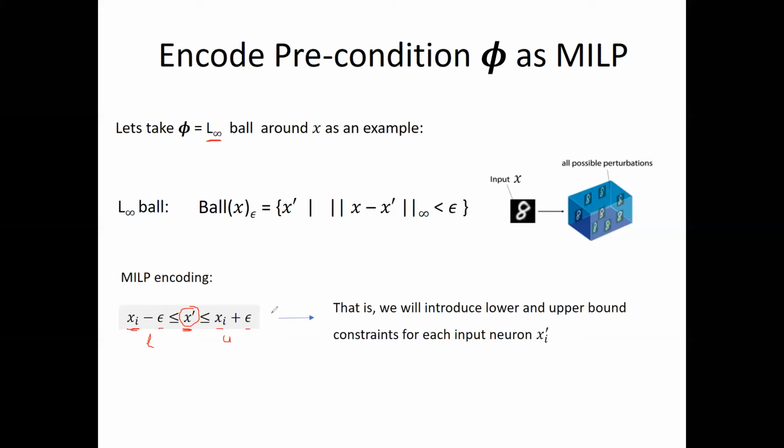Okay, so this is very direct. For every pixel, you would have this constraint. So if you have 784 pixels, you'd have 784 constraints like this, one for every pixel. Okay, so this is a fairly direct encoding as well.